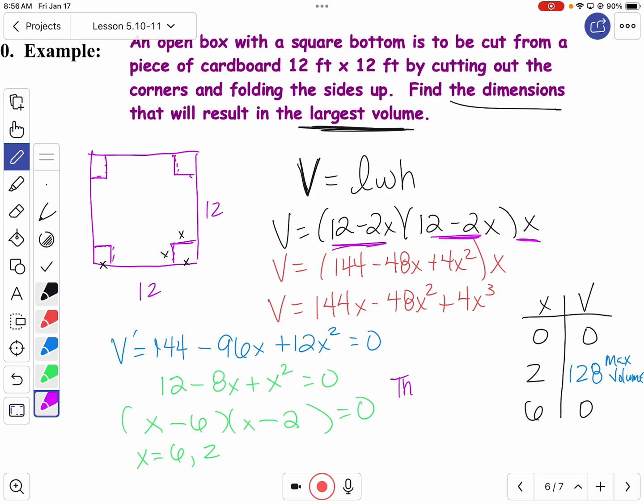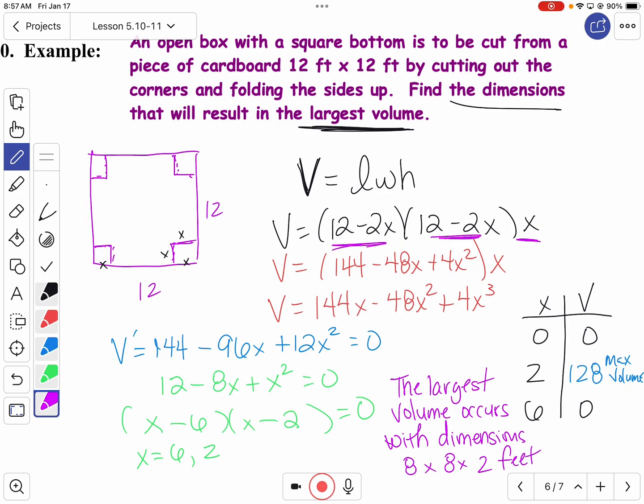So we would say the largest volume occurs with the dimensions, and you can say 8 by 8 by 2 and then just put feet at the end. Okay, so you don't have to put feet on each one.